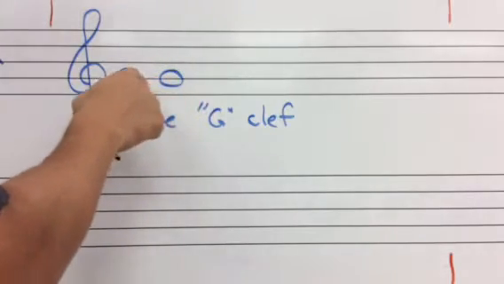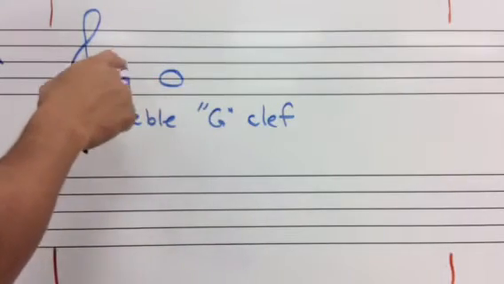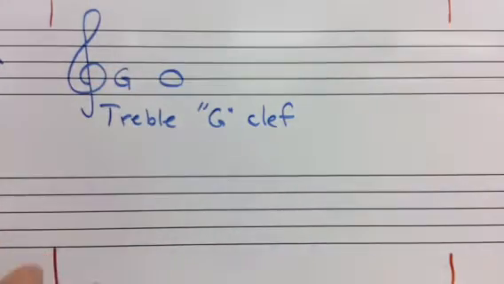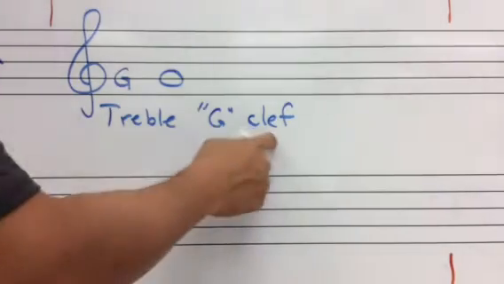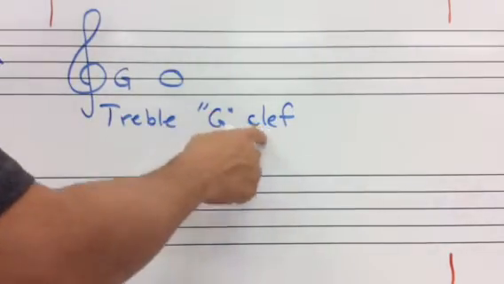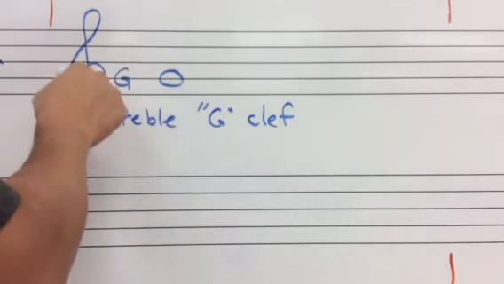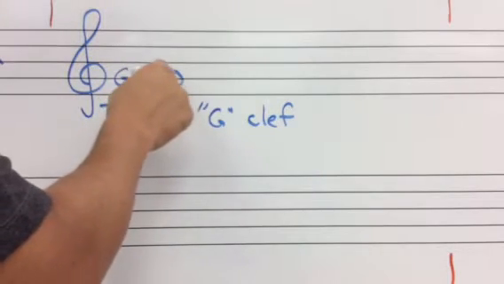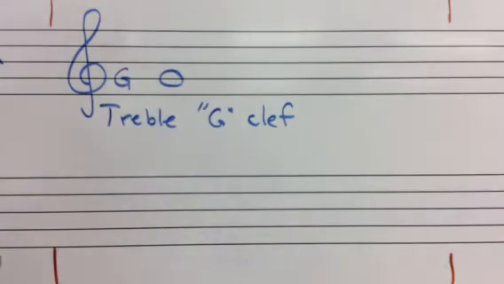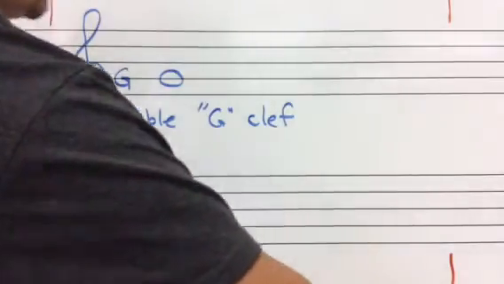Any pitch that is here on the treble clef is always G. So if you don't remember anything else, remember that this treble clef is also called the G clef, and that where this swirls around surrounds G, the pitch G. So that's your starting point for the treble clef.